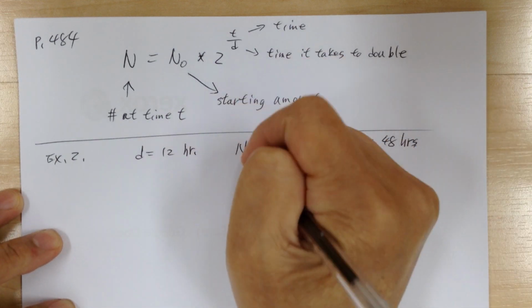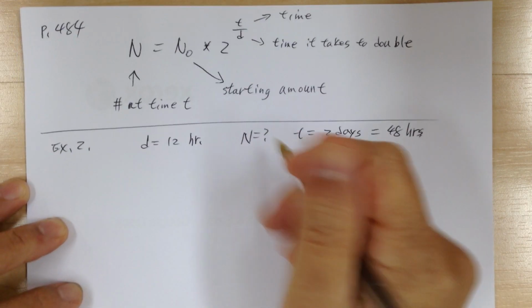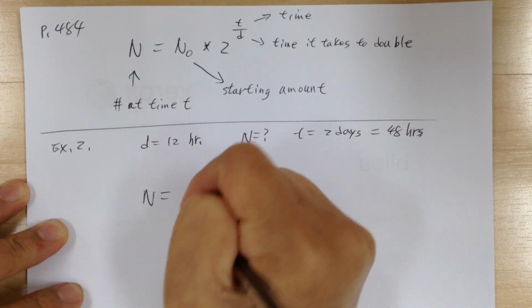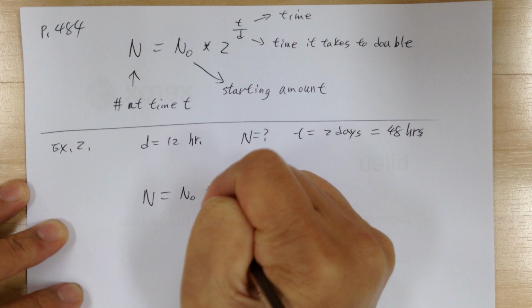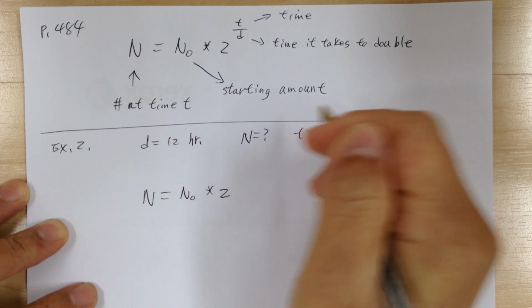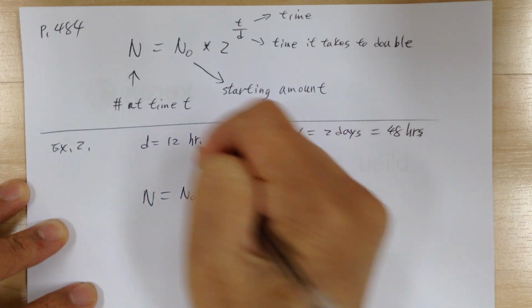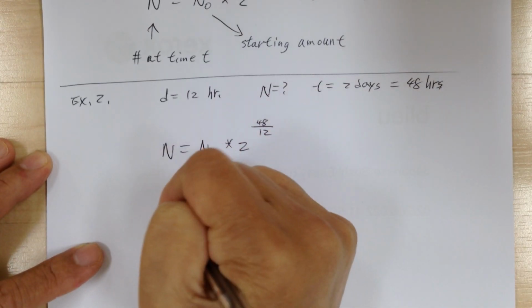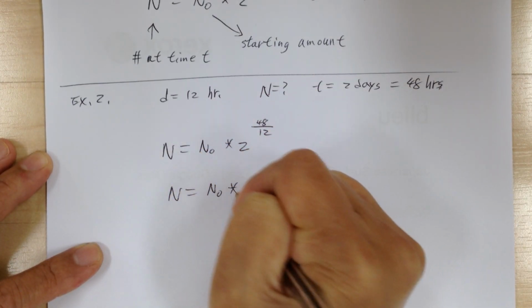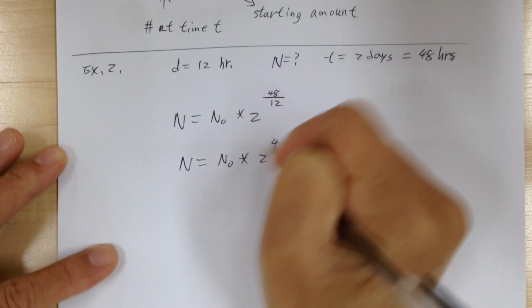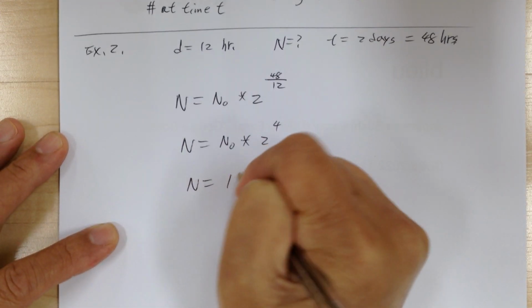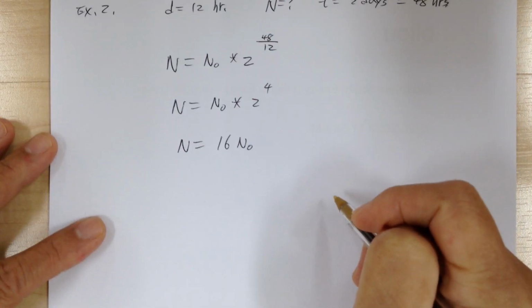So let's put everything in the formula. n equals n0 times 2 to the t, which is 48, over d, which is 12. So n equals n0 times 2 to the 4. So n equals 16 n0.